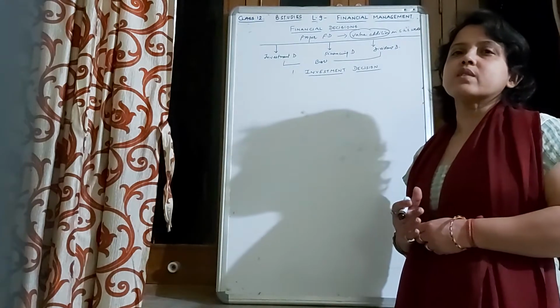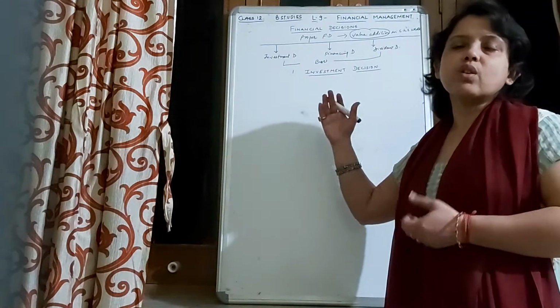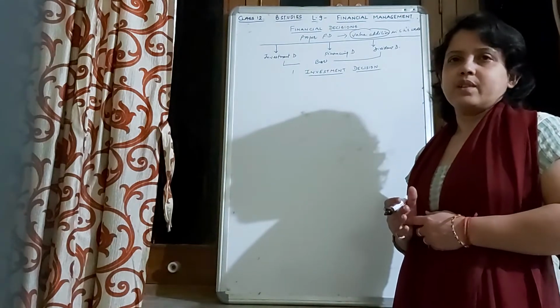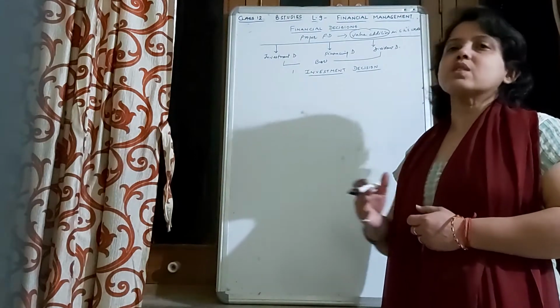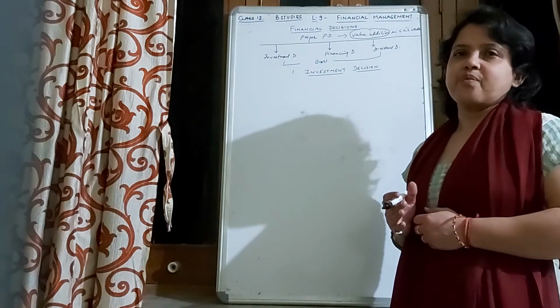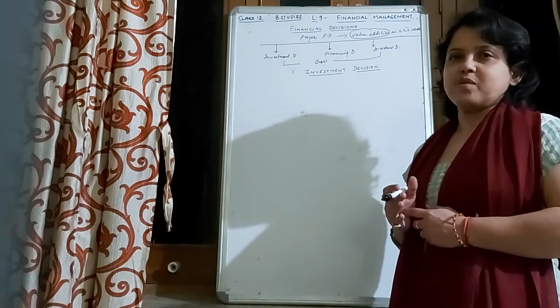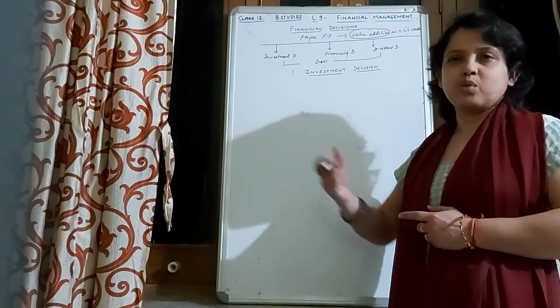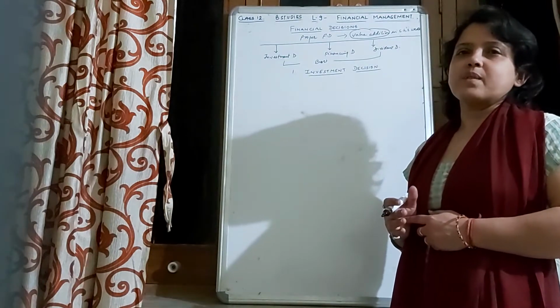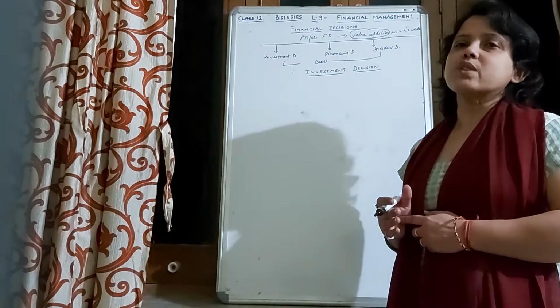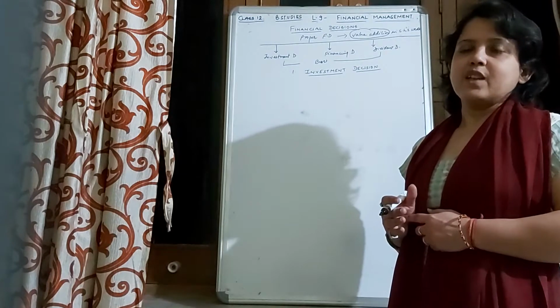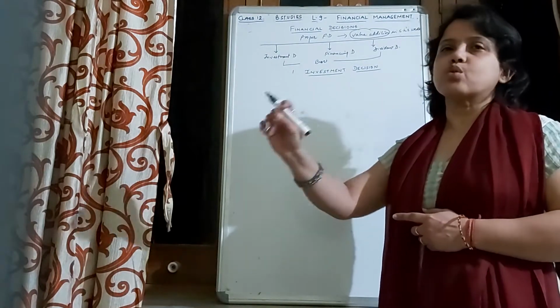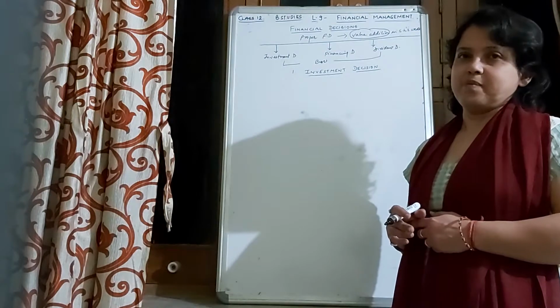There is always different alternatives which the organization has. And because the resources are scarce in every organization and they can be put to different uses, it is for the organization to decide in which project it wants to invest.